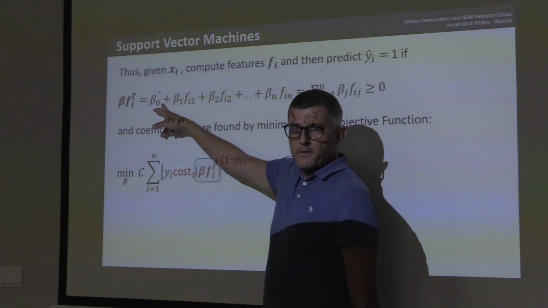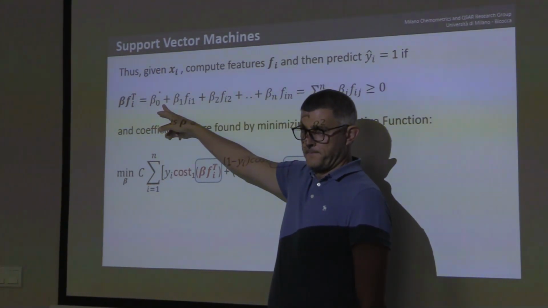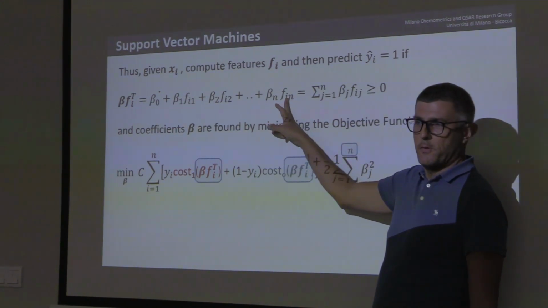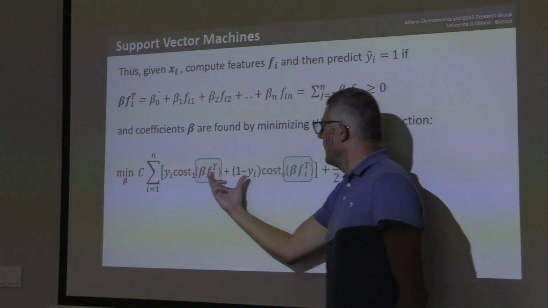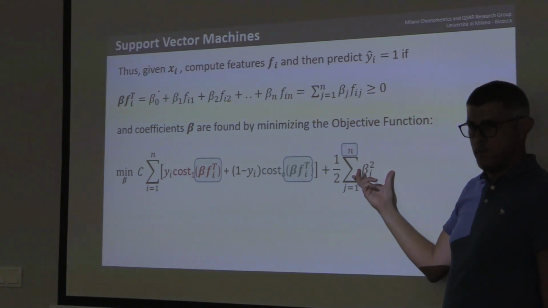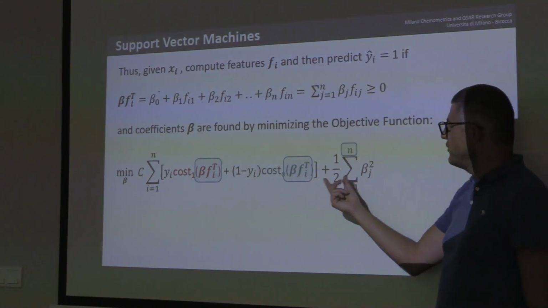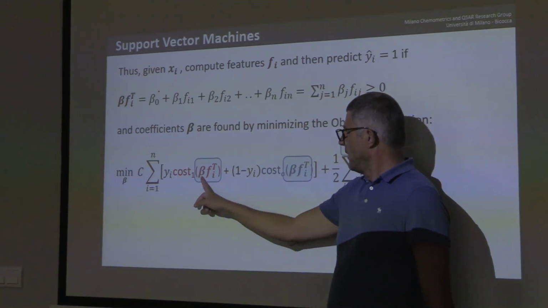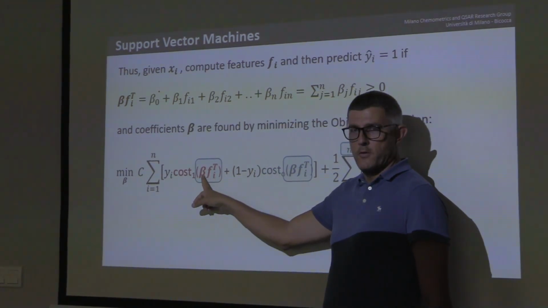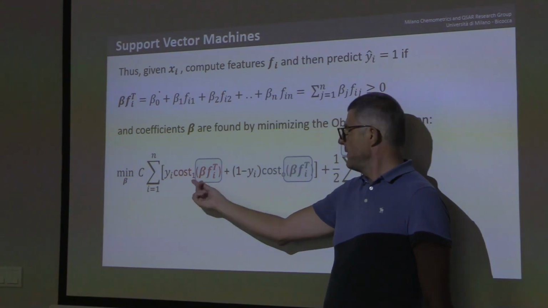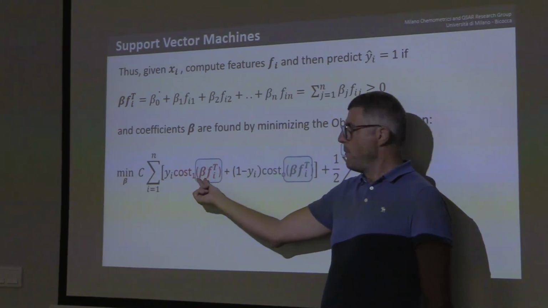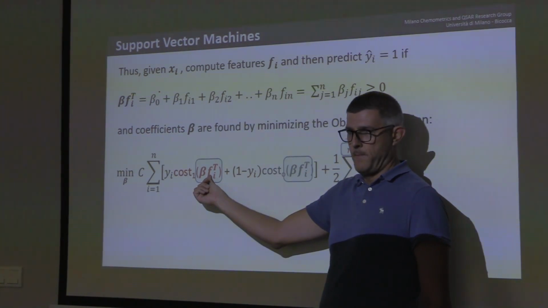Do you remember this from this morning? This is the linear combination of support vector machine, and this is the optimization function, with coefficients and the cost. But now the linear combination is not referred to the original data, but to these new features.